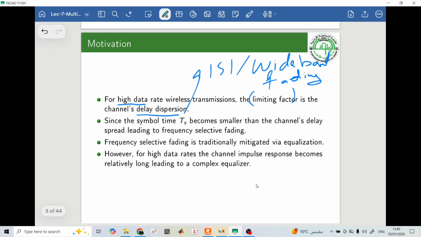Since the symbol period becomes smaller when we increase the data rate or the bandwidth, the channel delay becomes more pronounced. So we can feel it. It will have more effect on the received signal.